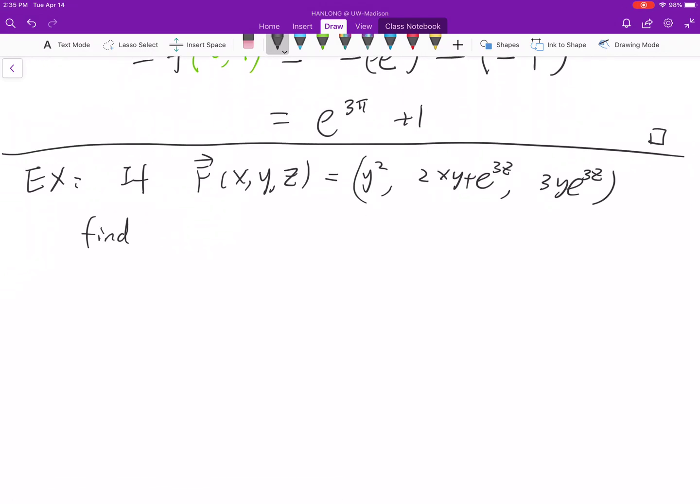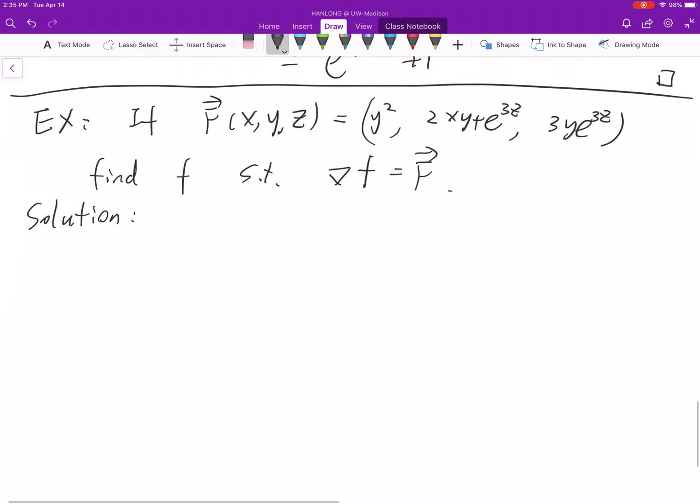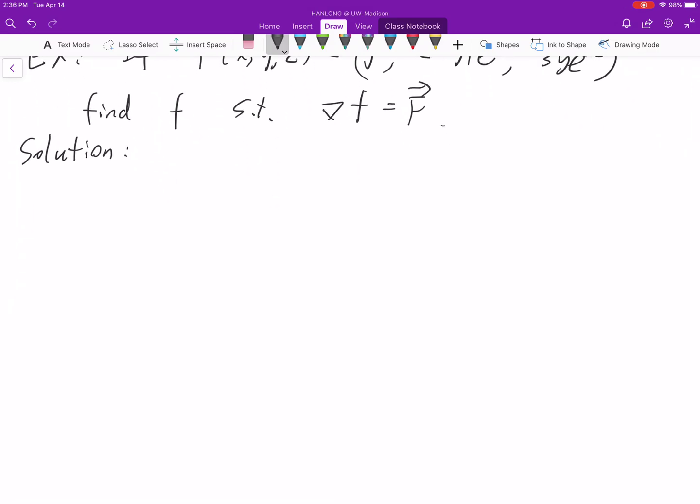Find f such that gradient f is capital F. So similarly, we draw a picture and x, y, z.